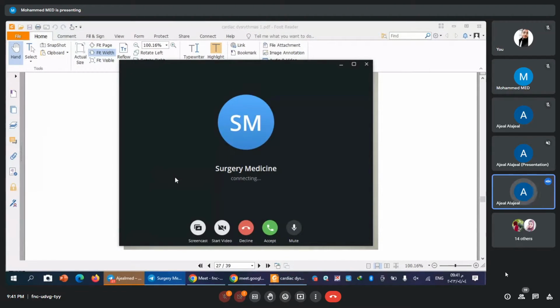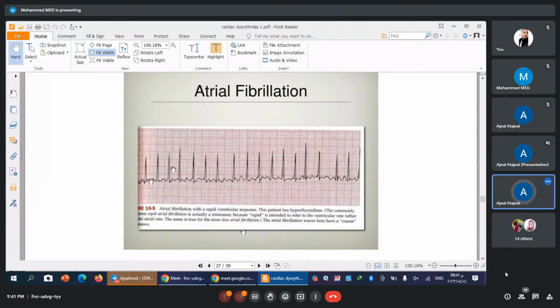Okay? And there is absence of the P wave between the R waves. Okay? When atrial fibrillation is acute, then the fibrillating waves are very clear. When atrial fibrillation is chronic, then the fibrillation waves will go down. They will be smaller in amplitude. Next slide, please.